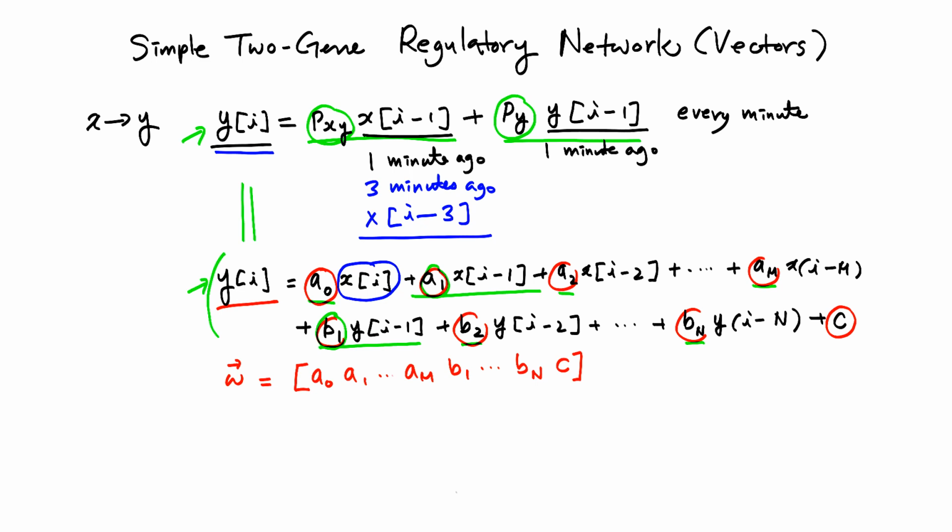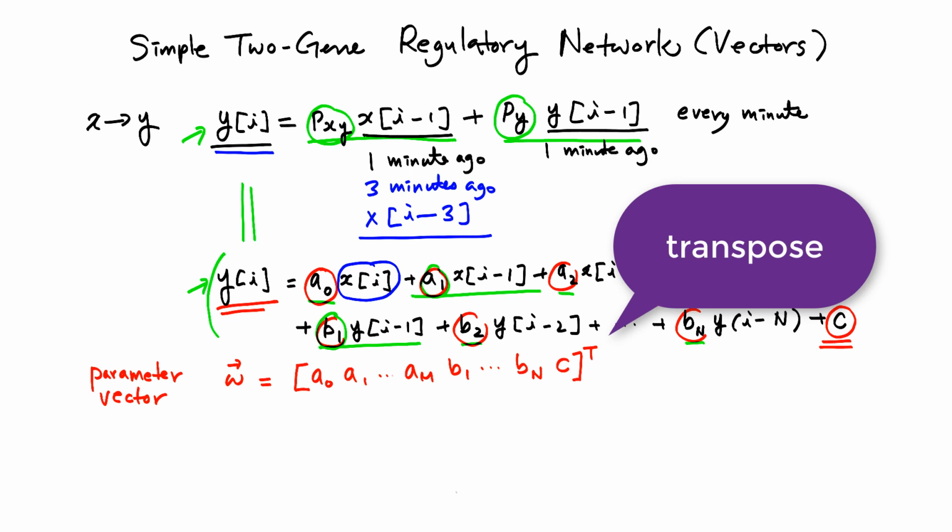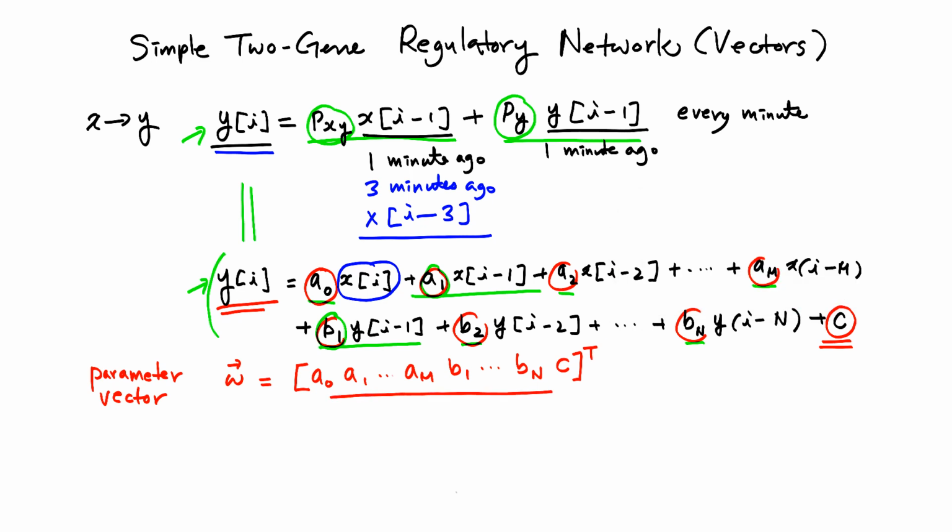By the way, this parameter c represents a component that contributes to y of i independent of all these x and y values shown on the right side. This is parameter vector W, and we want to represent it as a column vector. We want to put a transpose sign here. So this is basically a row vector, and if you put the transpose sign like this, then we have a column vector, something like this.